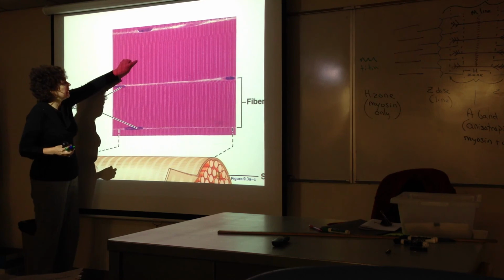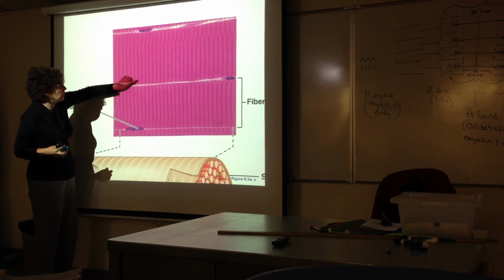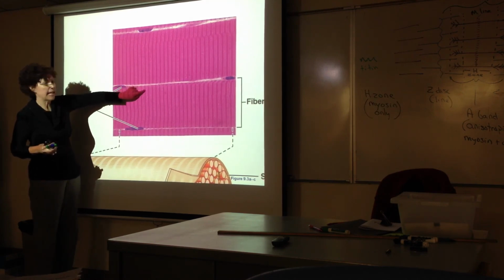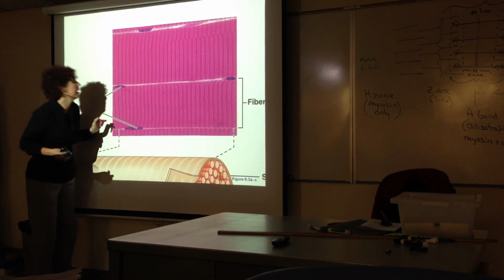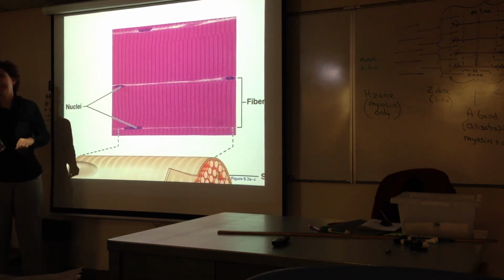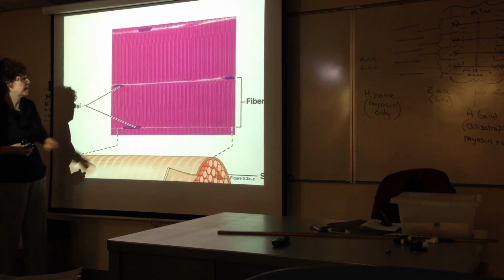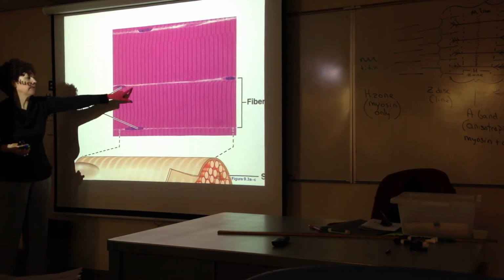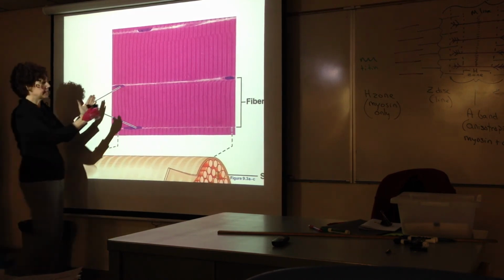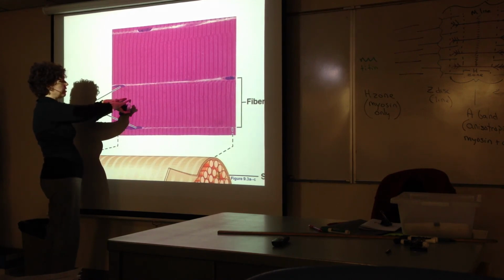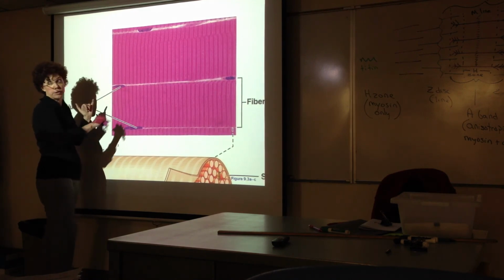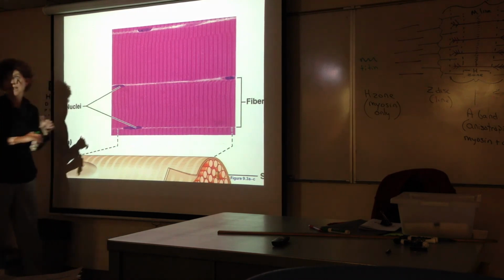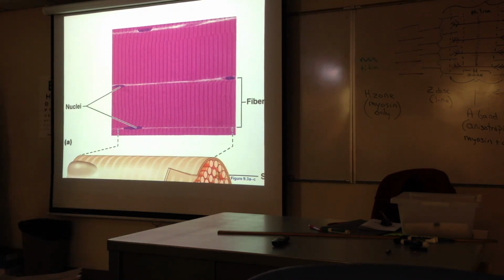Okay, and if you look really closely, you can see a tiny little bit of light in the middle of the A band. I'm right up looking at it, and that would be the H zone. Okay, I don't see an M line in the middle of that. But the dark would be A, the light would be I, and so if we were to see muscle contracting, we would see the two dark lines in the I band closer to each other. All right, and so we'll probably have to use oil immersion to see this. We'll see how much we can see without, but that's what we'll be doing in lab on Thursday.